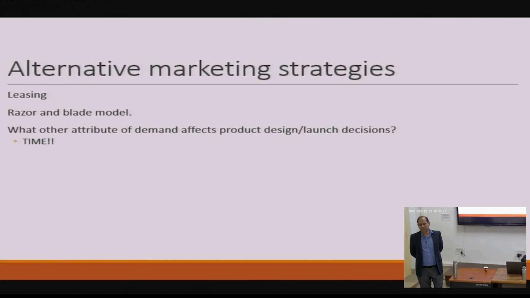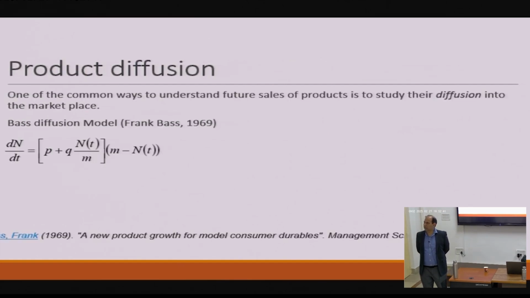You could see that people start buying it, and then over time, more and more people buy it, and then it diffuses into the market, and then over a year or 2 years, the sales drop, and then eventually they will launch a new version of it, right? So time is a big element, both in terms of how people's preferences change, but also in terms of how your products diffuse through the market.